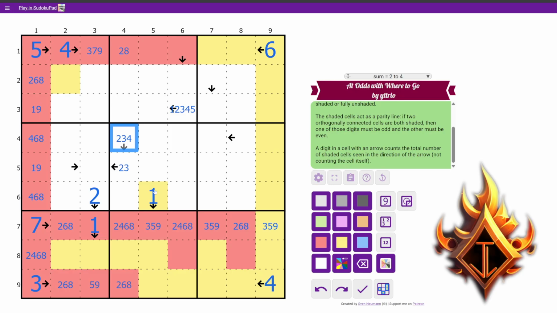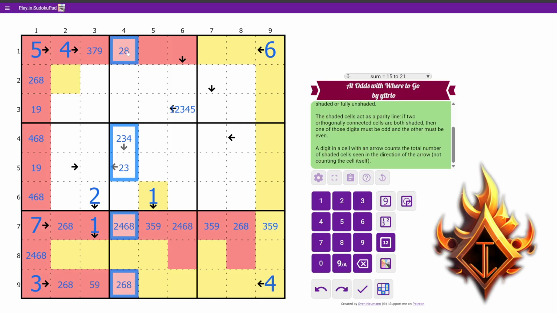Actually, can it be 3? If I can get 3 out of there, 2, 3, 4, 6, 8. It doesn't matter.